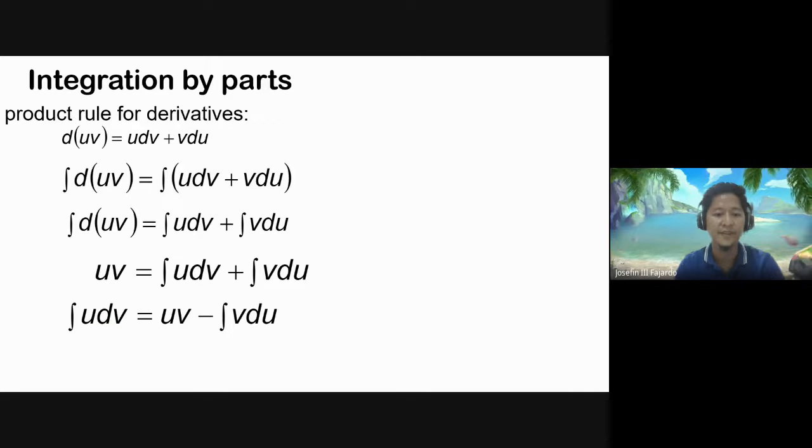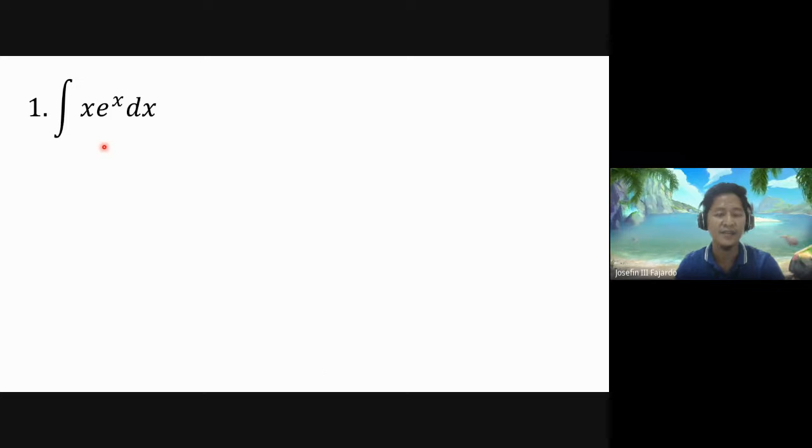So ano mangyayari? Gawin natin u si x. And then ang magiging dv naman ay yung natira, si e to the x dx. So tatandaan natin, si u, walang differential. Si dv andun lagi si dx niya.